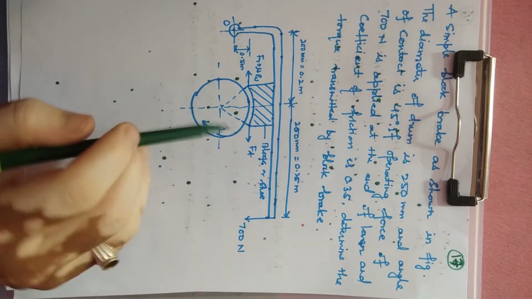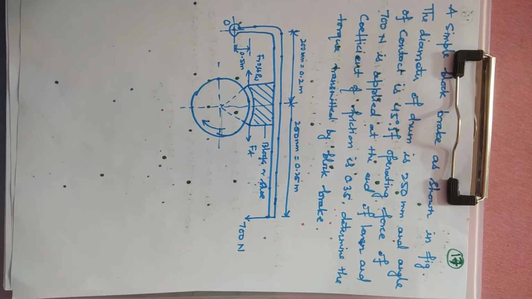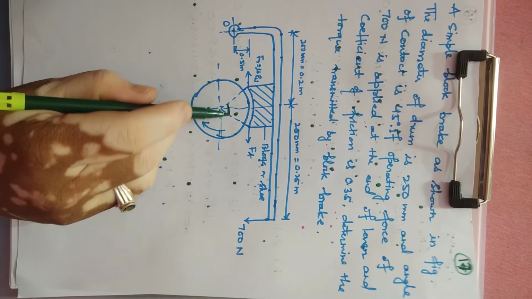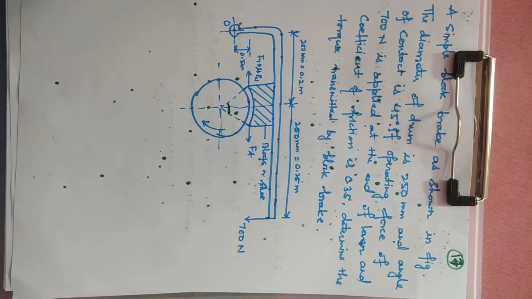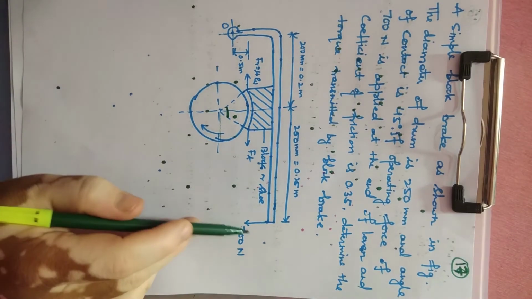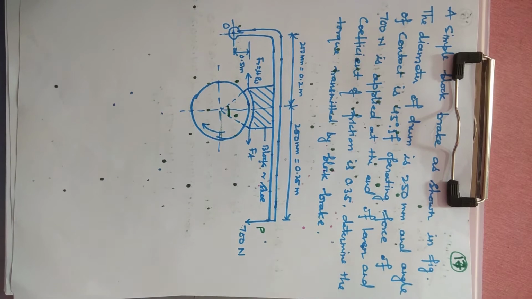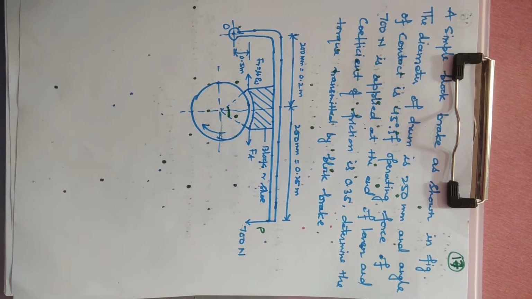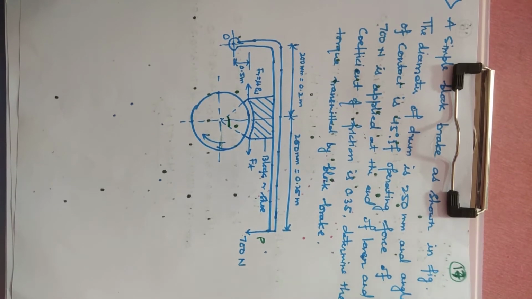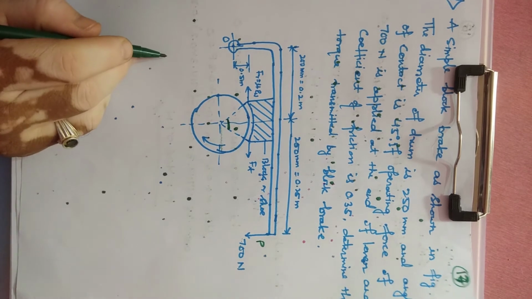The diameter of the drum has been given as 250 mm, and the angle of contact is 45 degrees. If the operating force P is 700 Newton, applied at the end of the lever, and the coefficient of friction is 0.35, determine the torque transmitted by the block brake. So in this problem we have to calculate the braking torque.